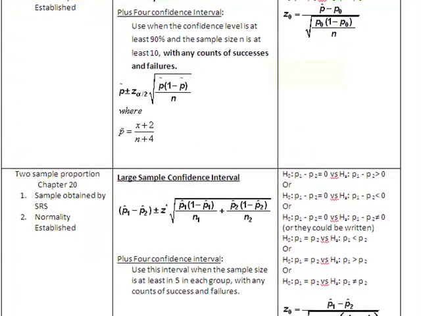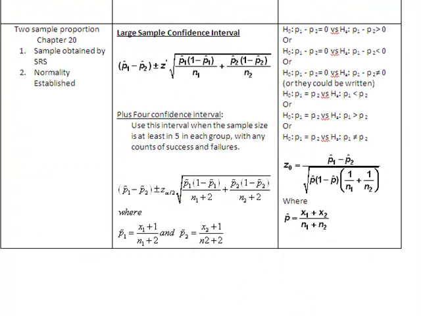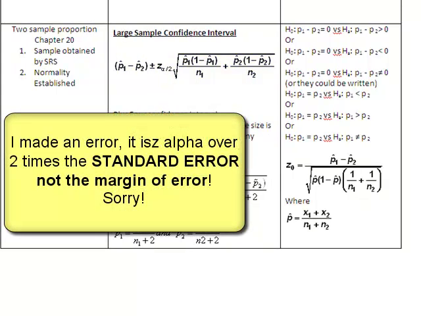And for our two-sample proportion in Chapter 20, again, both samples had to be obtained by a simple random sample and normality established, as we talked about above. For the large sample confidence interval, it's our statistic. And our statistic for P1 minus P2 is P1 hat minus P2 hat, plus or minus the margin of error, where the margin of error is Z alpha over 2 times the standard error.